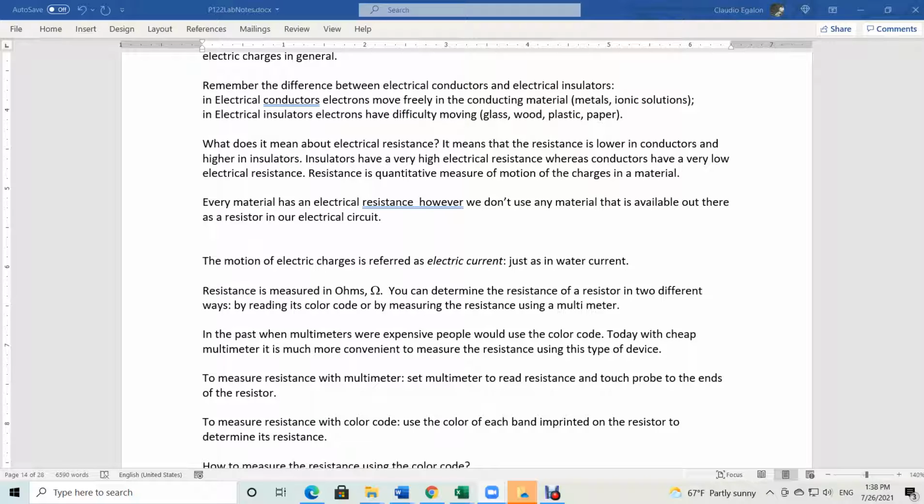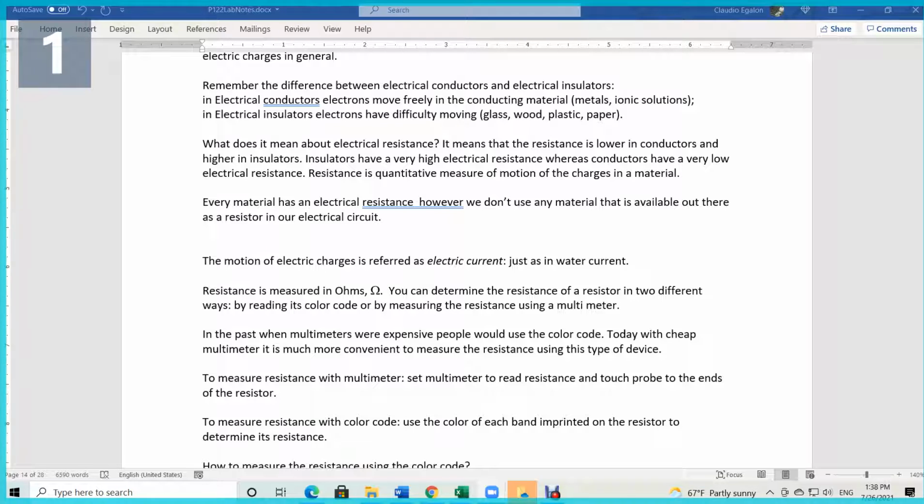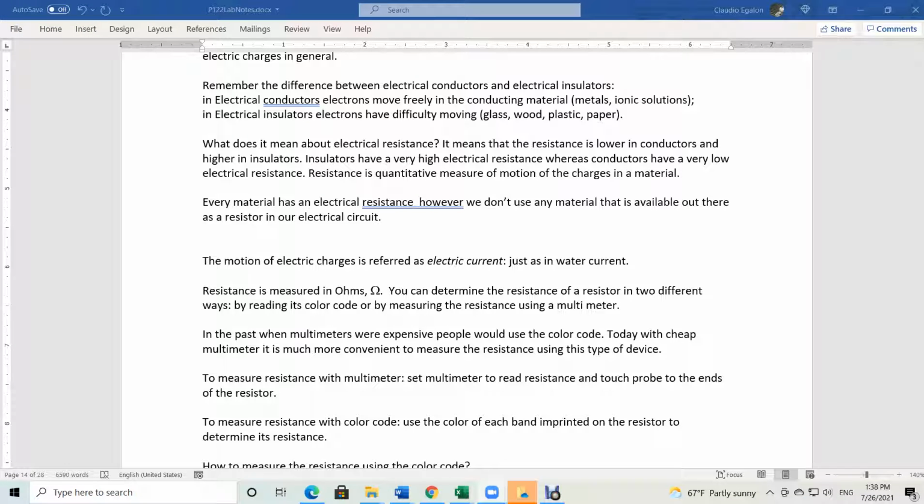Let's take a look. I'm going to start sharing the screen again. Resistance is measured in ohms. Remember, the motion of electric charges is referred to as electric current, just like water current.